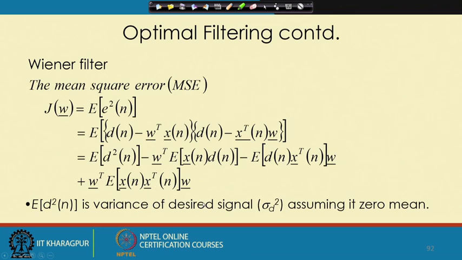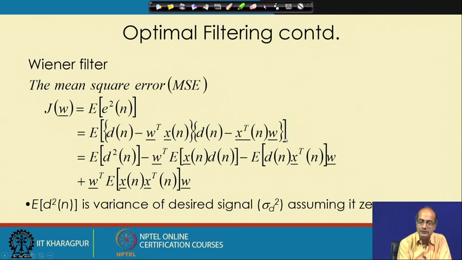We make use of it, put the two terms for e n into e n, and when we multiply, we get a term with d n square, two terms which are cross terms between the vector x n and d n, that is, the desired signal and the vector of observed signal.